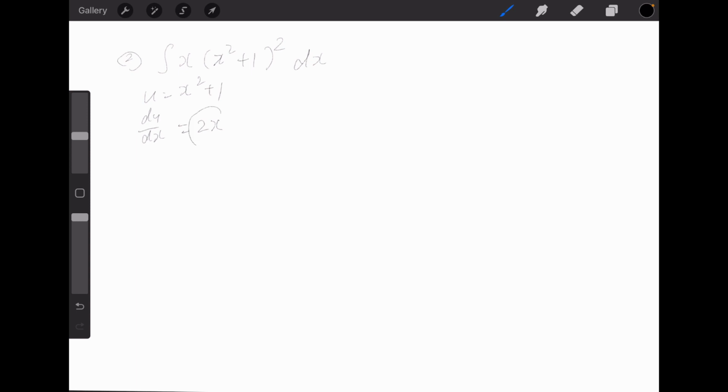Now 2x doesn't match with x, therefore we need to convert x into the derivative of u. We know that 2 times x equals 2x, which equals du/dx. And therefore, 1/2 du/dx equals x, which is a simple term.